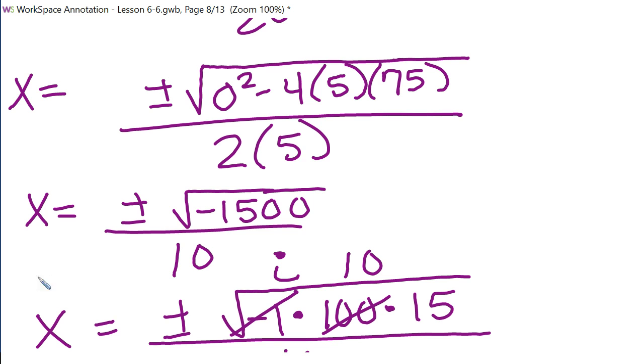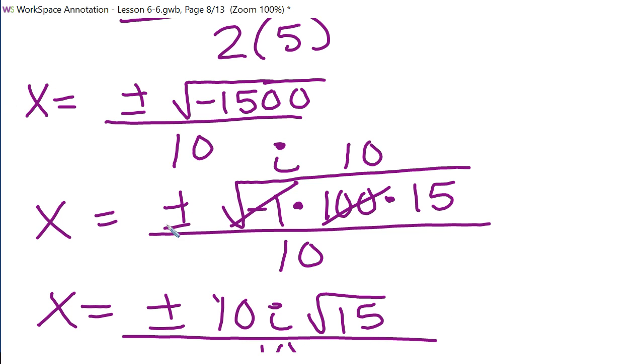So this would be x equals plus or minus 10i square root of 15 over 10. What happens next? 10s cancel, right? 10 on top, 10 on bottom. So what might the answer be? X equals plus or minus i square root of 15.